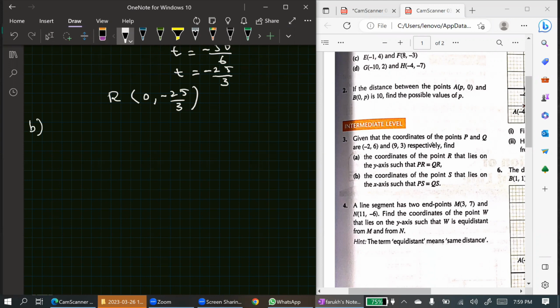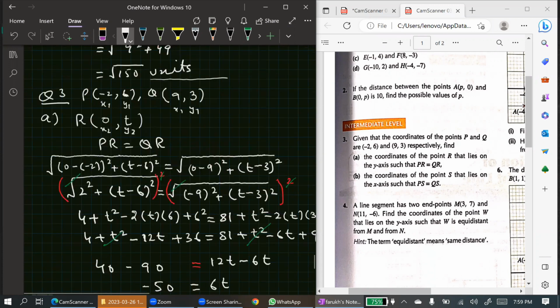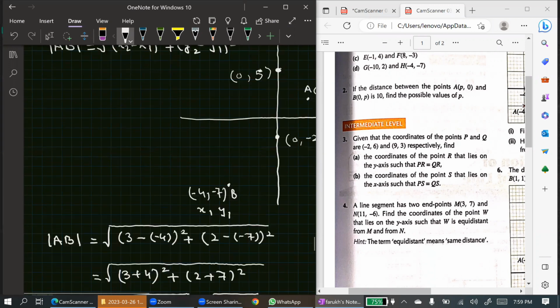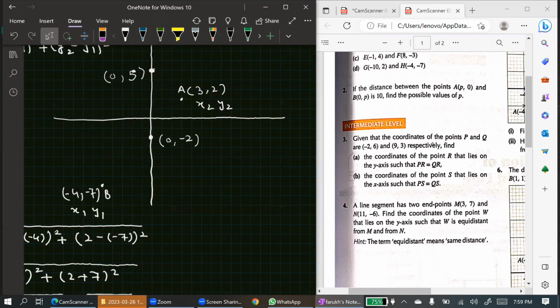The coordinates of the point S lies on x-axis. What is the special characteristic of a point when it lies on x-axis? That y is 0. The coordinates of this point are minus 4, 0 and 9, 0.